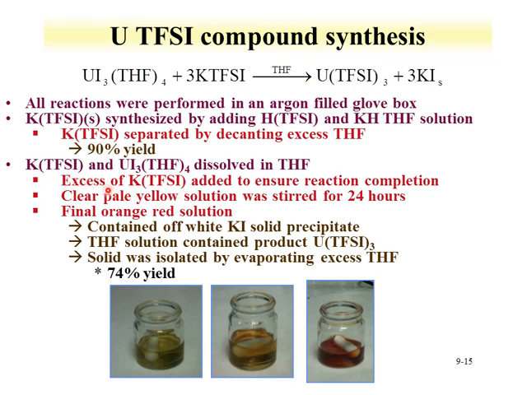We add excess of the potassium ligand. This is stirred for 24 hours under inert atmosphere. We see a color change, which is indicative of the formation of the uranium TFSI compound. And initially you get a precipitate of the potassium iodide in this system, so one can achieve a separation of this product from this product.